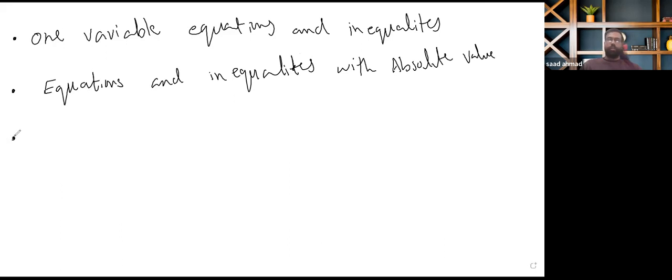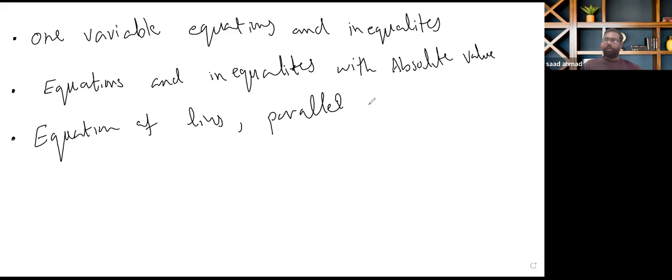And the third one is equation of straight lines, parallel, and perpendicular lines.